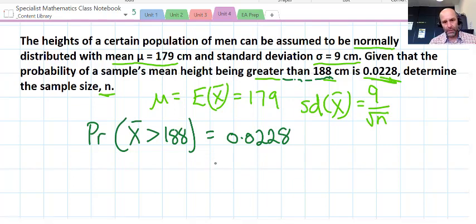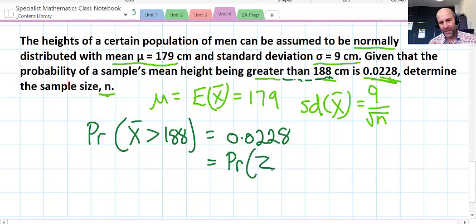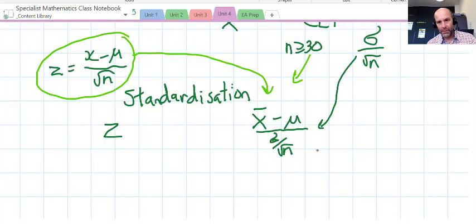So, standardization time. The left-hand side equals the right-hand side, where the right-hand side is the probability that z is greater than 188 take 179 over 9 on root n. I've just applied that there.